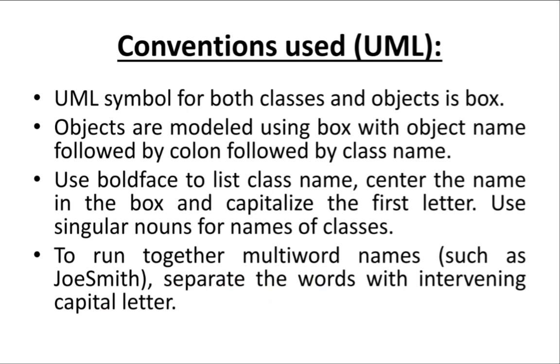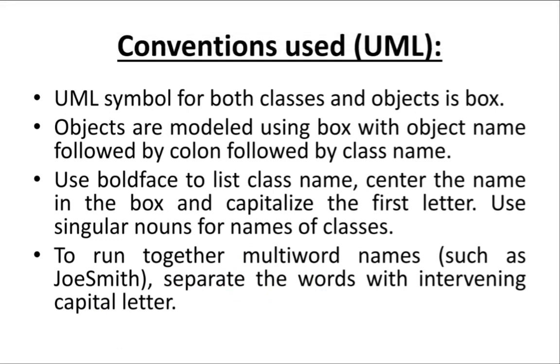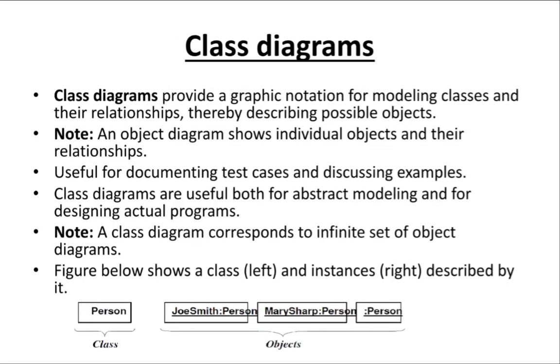Next, objects are modeled using a box with the object name followed by a colon followed by a class name. What is the syntax to represent the objects? Objects are represented in a box, along with the object name; Joe Smith is the object name. After the object name, what is that? Colon.